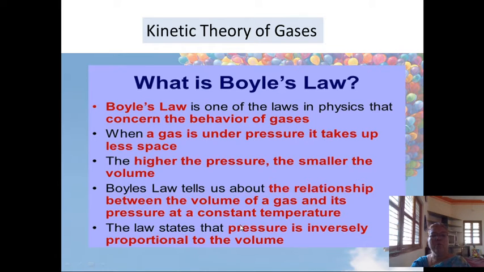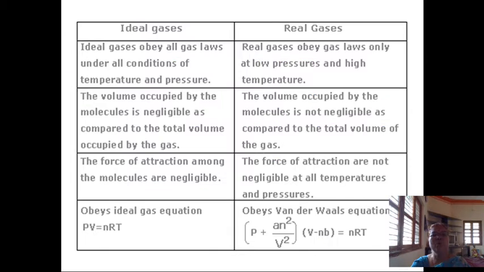In short, for a definite mass of a gas at constant temperature, pressure is inversely proportional to volume, or the product of pressure and volume is constant at constant temperature. This is Boyle's law.